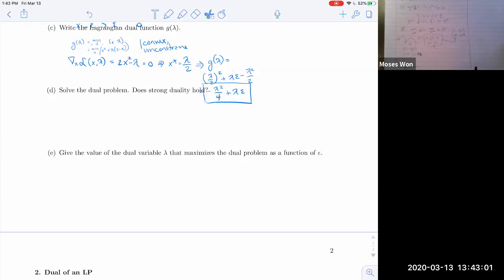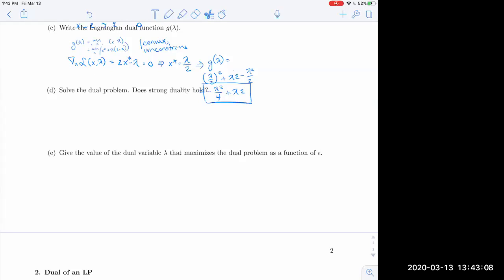I don't know that this is maybe what lambda star is, but not evaluated. Yes, and you'll notice that parts D and E actually ask for that lambda. I don't really know why it was presented in that order, because I solved it basically the same way you just did. So that's actually the answer to part E.